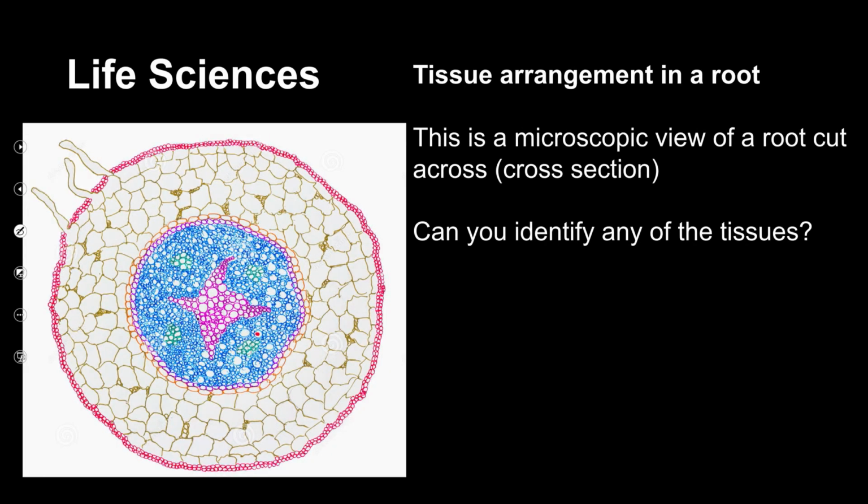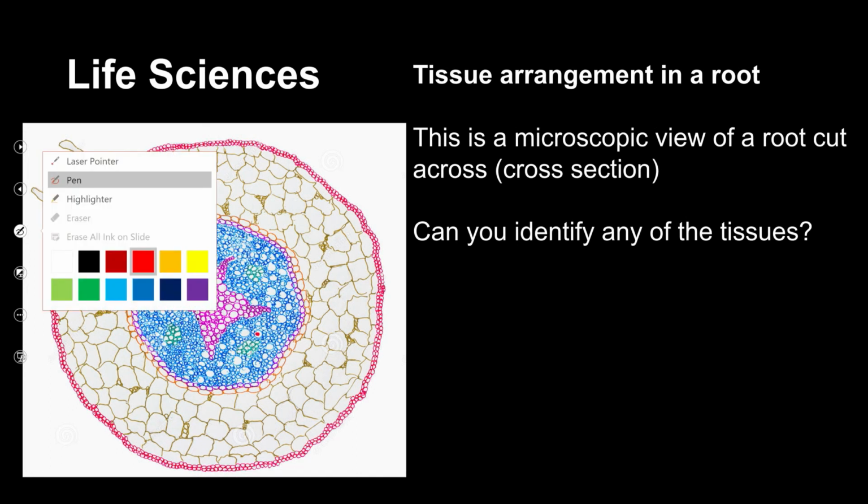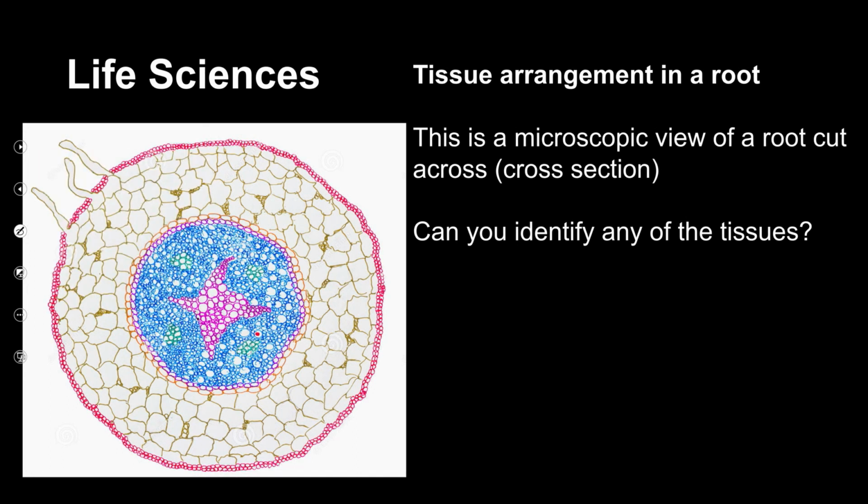So, let's have a look at this. This is a microscopic view of a root. I know it looks pretty confusing, but quite honestly, we will go bit by bit, and hopefully that will help you be able to work out what's going on.